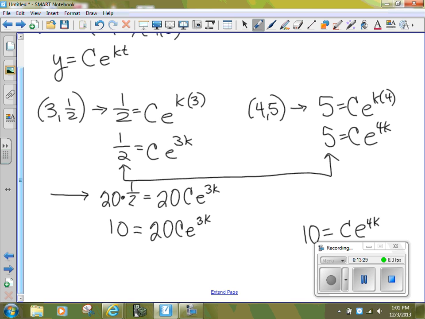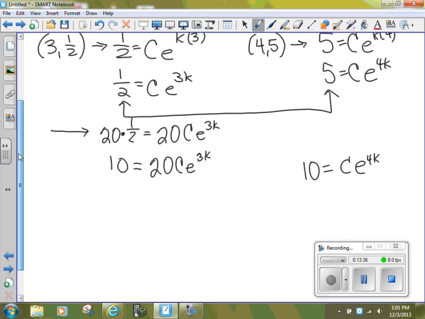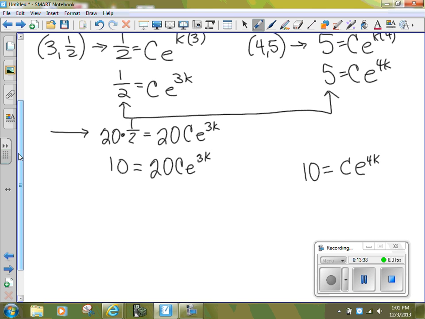What am I going to do over here on the right side? I'm going to multiply 5 by 2. And if I multiply 2 to the left side, I have to multiply 2 to the right side, which makes me have to go back here and change this. But now I'm getting somewhere, right?